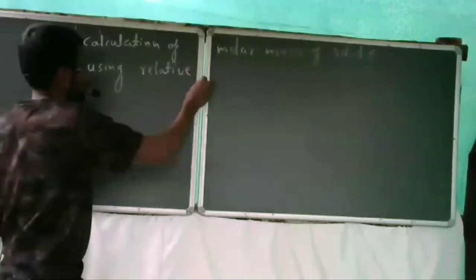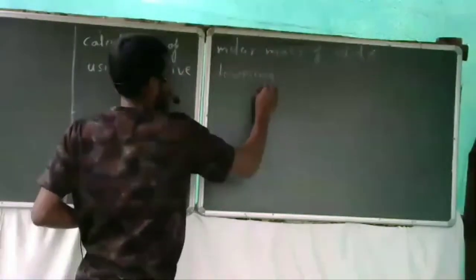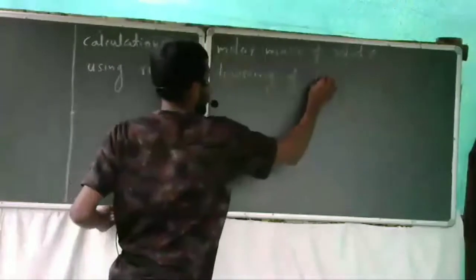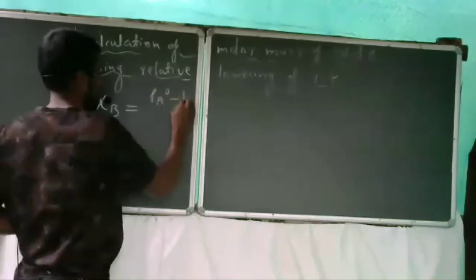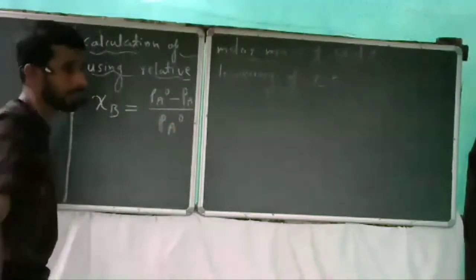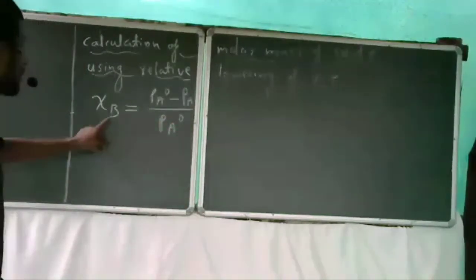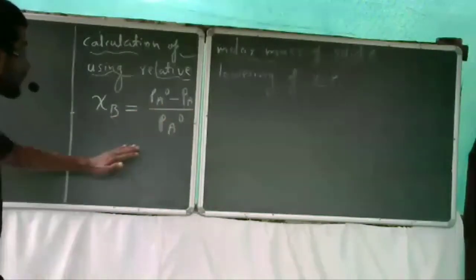Okay, xb equal to pa naught minus pa divided by pa naught, right? This is the first expression.